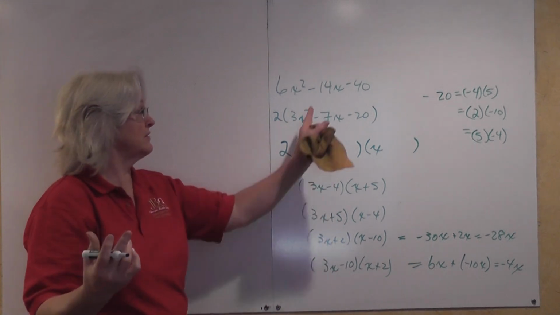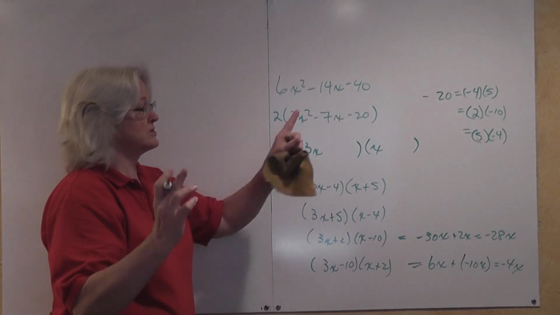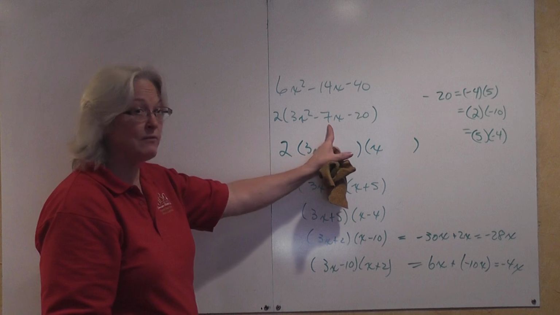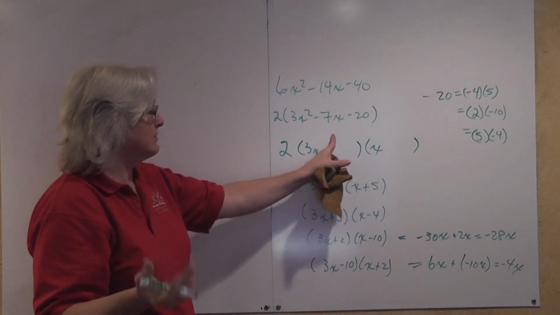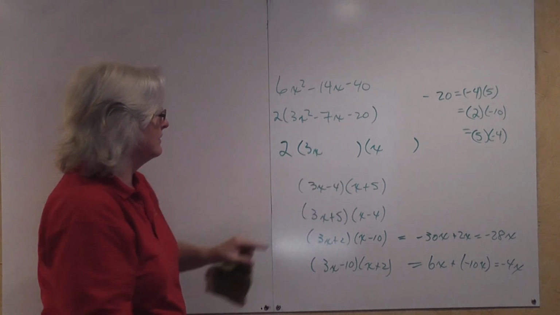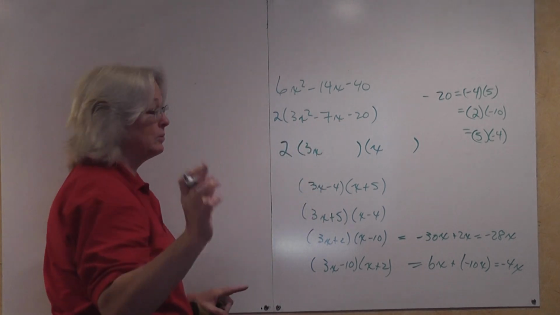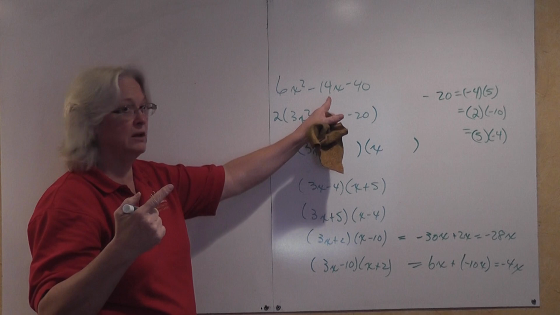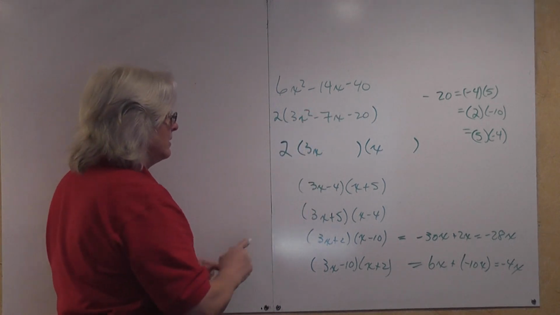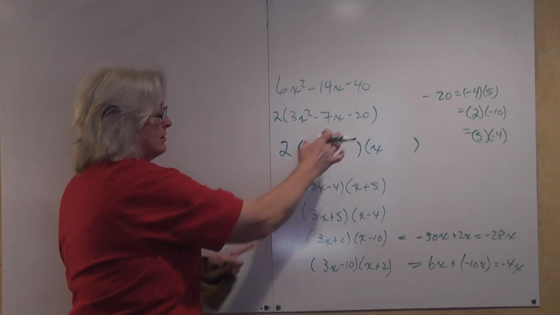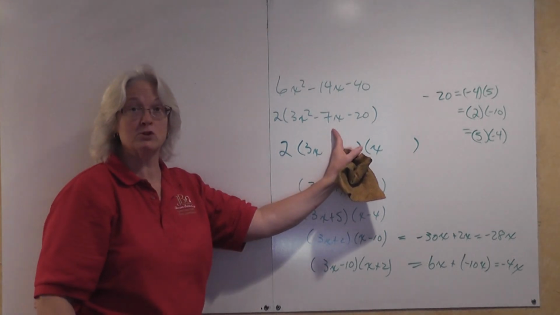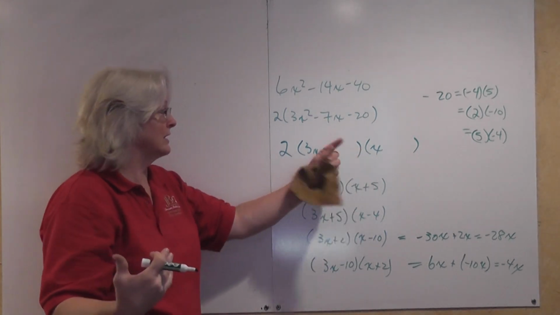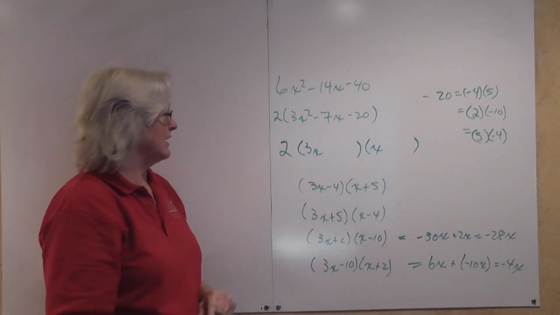Now look carefully at what I said, how my tongue slipped. I said the negative 14. This is not what we're factoring. We are factoring this trinomial. So the sum of our partial products for which we're looking is negative 7x.